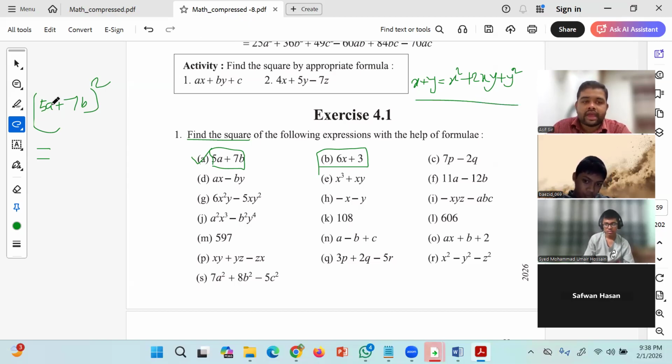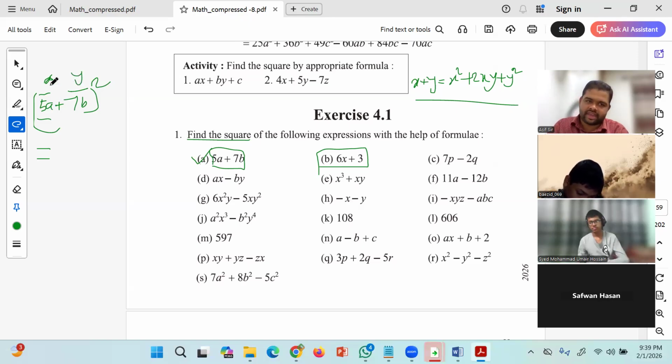So how is 5a considered as x? When you are solving this type of problem, if you see plus in the middle of these two variables, you have to consider that the first element is x. You don't have to write it down in your notebook, just consider in your mind that 5a is x and 7b is y.